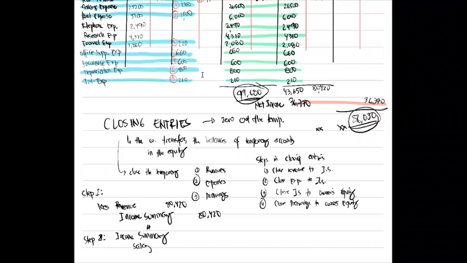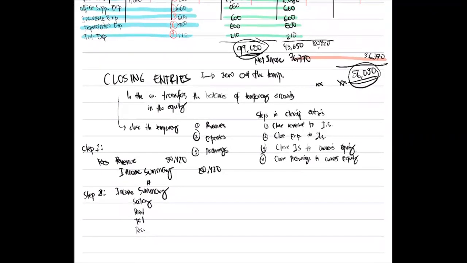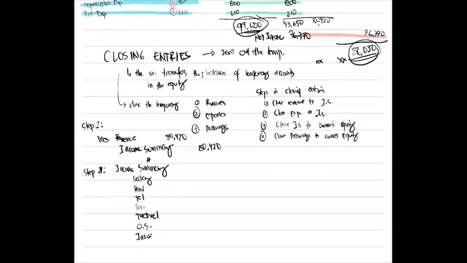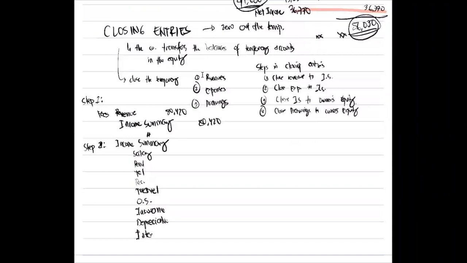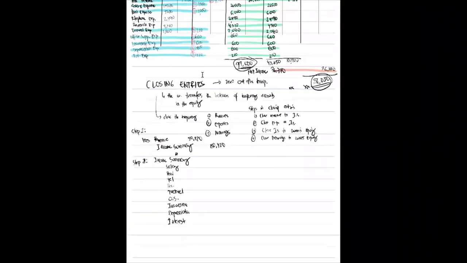So we have your salary, rent, telephone, research, travel, office supplies, insurance, depreciation, and interest expense. Okay. So how much is the balance of our salaries? So we have your salaries amounting to 26,500. And then we have your rent, 6,000.